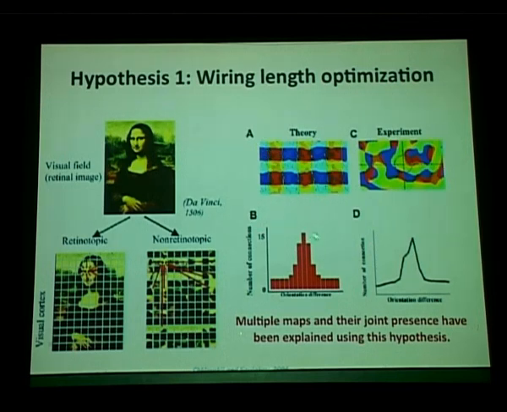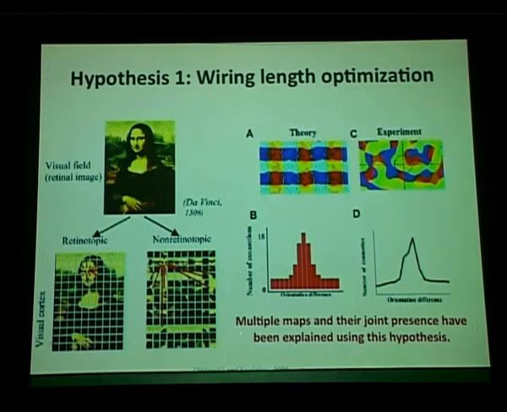The one that matches closest with both the experimentally measured connection probability versus orientation difference, and the map structure, is something like this.